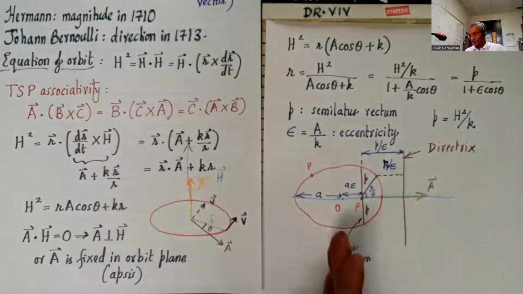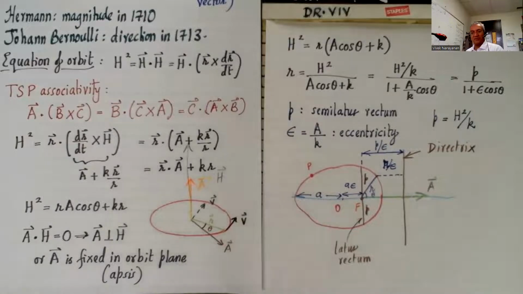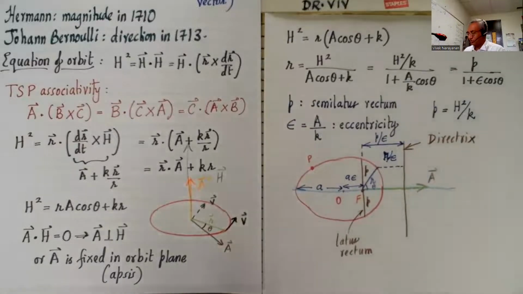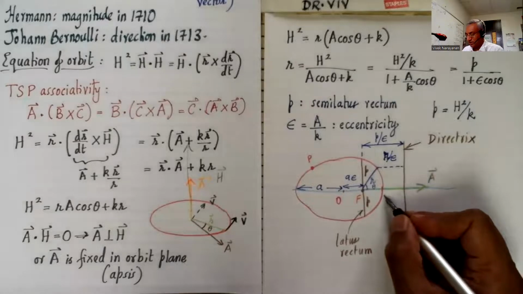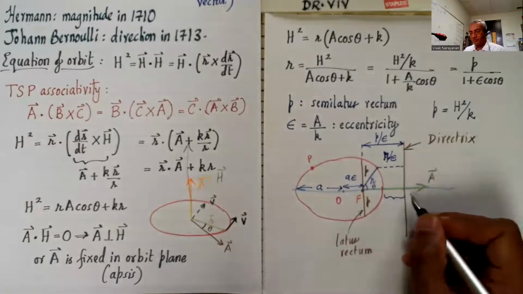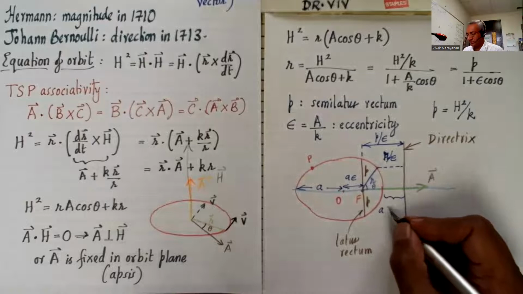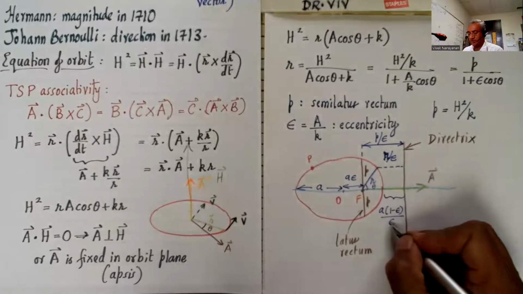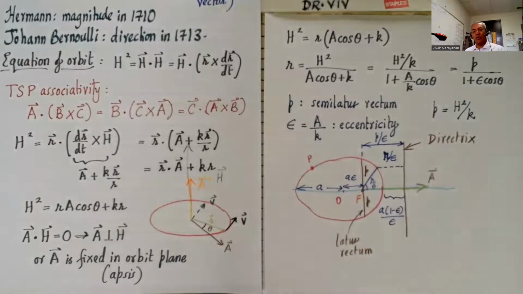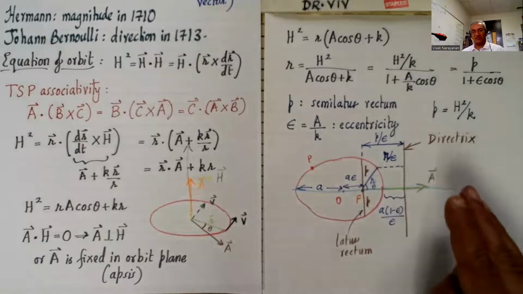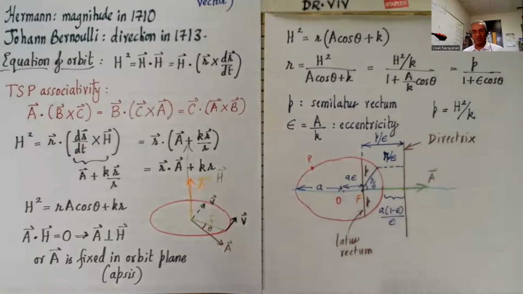So there's a latus rectum, there's a directrix, and you have that beautiful geometry. The distance between the closest end of the ellipse and the directrix is A times 1 minus epsilon over epsilon. So pick up any old book on conic sections, and you can understand the full details of how the directrix is related to the latus rectum. I won't go into that.